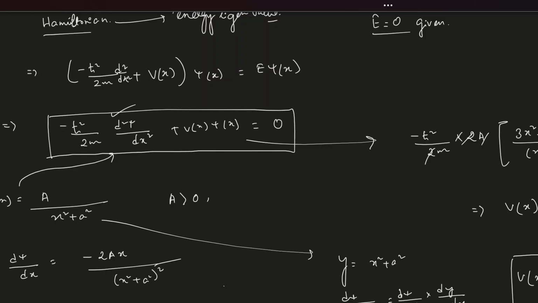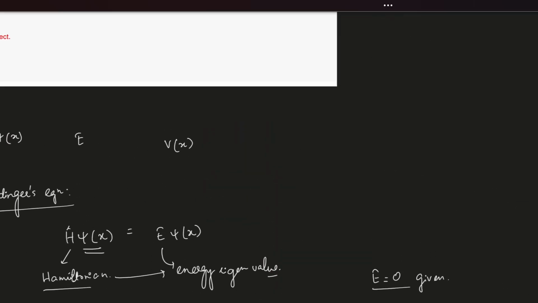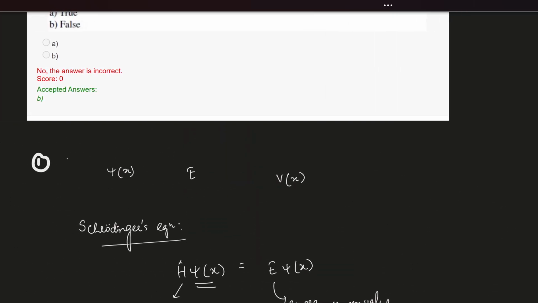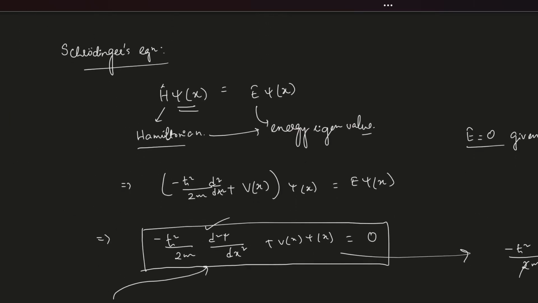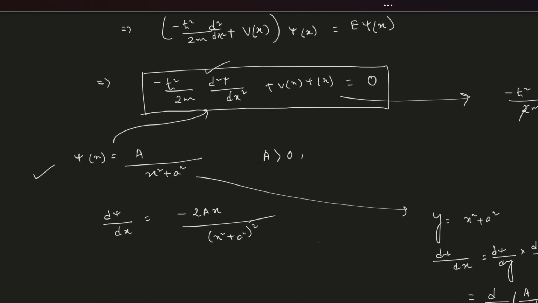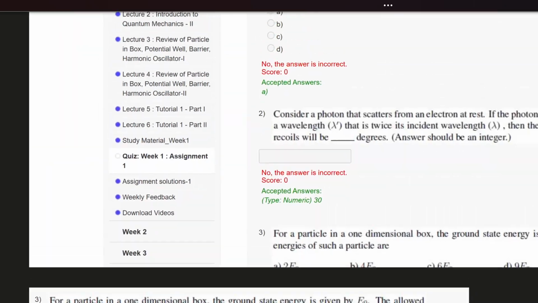So this is our solution to the first problem. This is our answer: the one dimensional potential that the particle will be experiencing if it has to satisfy that its energy eigenvalue is 0 and the eigenfunction looks like the term given by them. So I hope this is done.